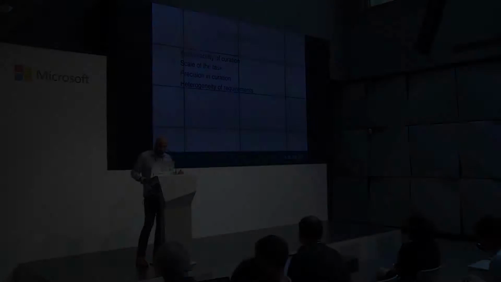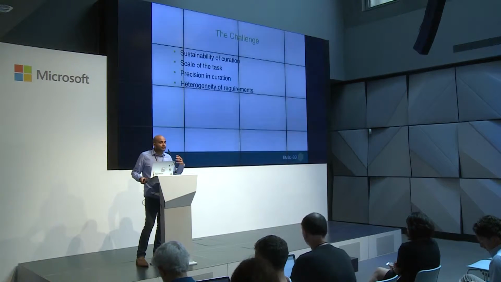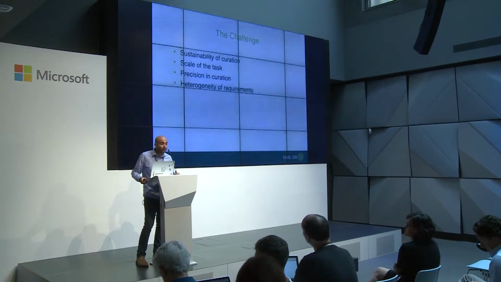Basically, because we are in the age of big data, and life science is no exception to it. So what we have to do is make literature more accessible to users, mainly curators.